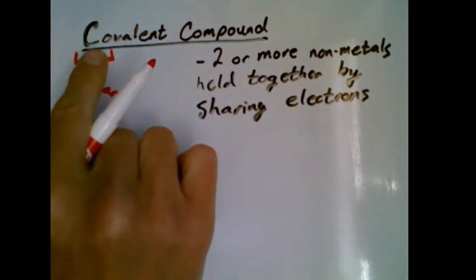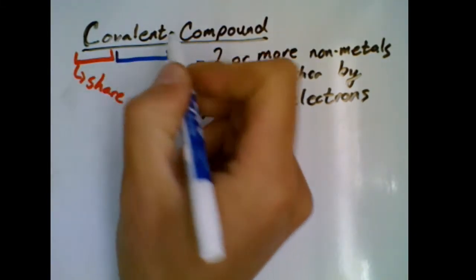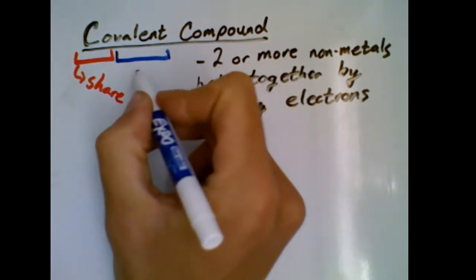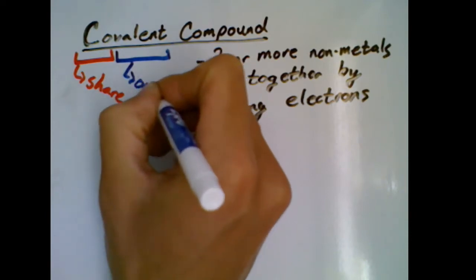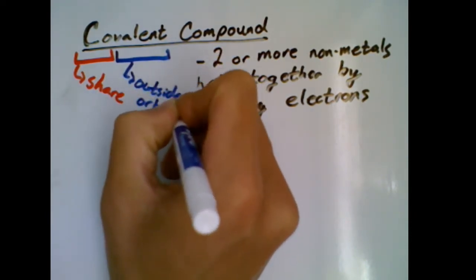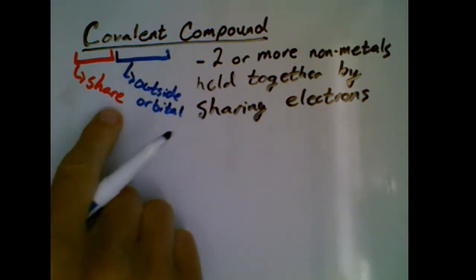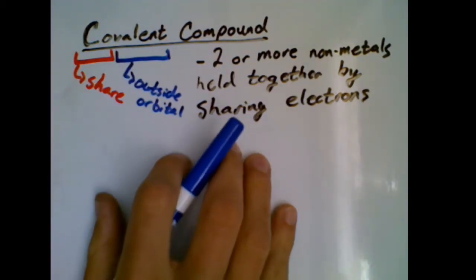Valent, or valence, in chemistry refers to the outside orbital. So the outside orbital is actually going to share electrons to hold a compound together. And like I had mentioned, this is going to lead to something that has no charges.